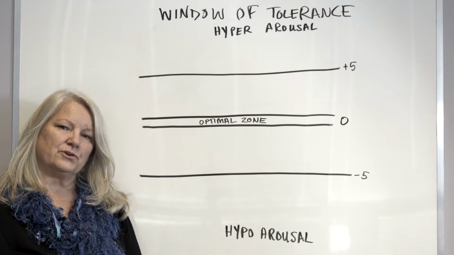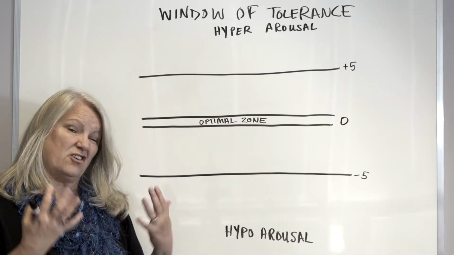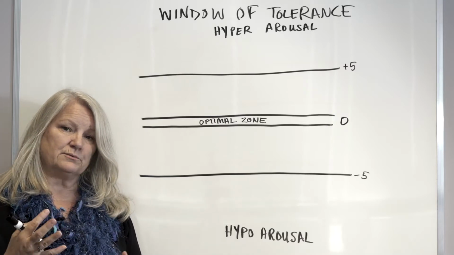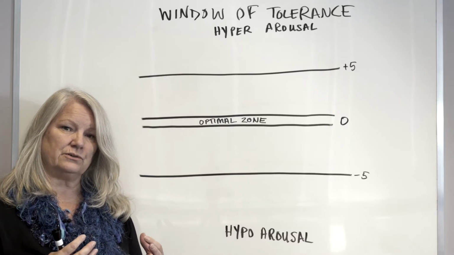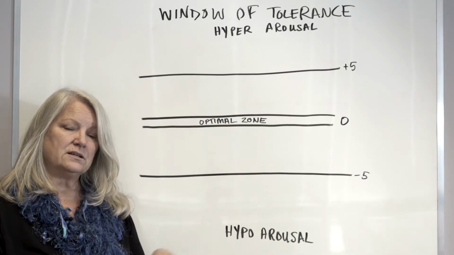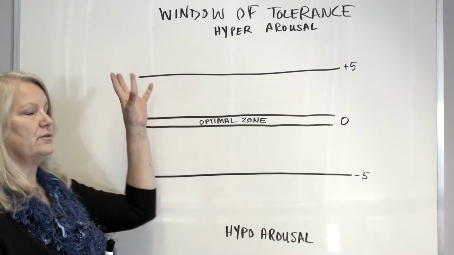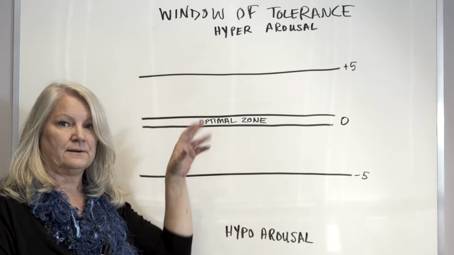One of the things that we're trying to accomplish when we are presenting you with the window of tolerance, actually in all of our models, is we're trying to introduce you to a language that we can begin to speak together. So here is part of what the window of tolerance looks like.